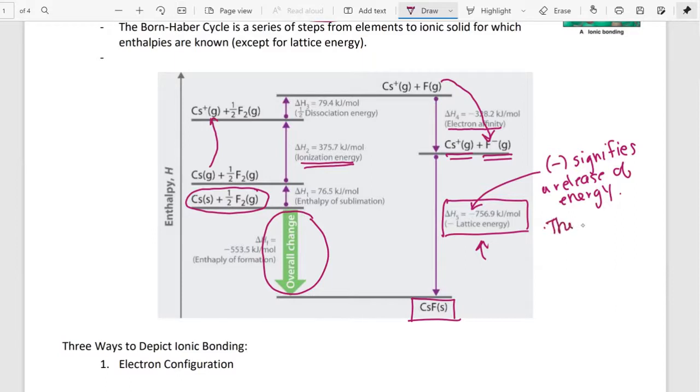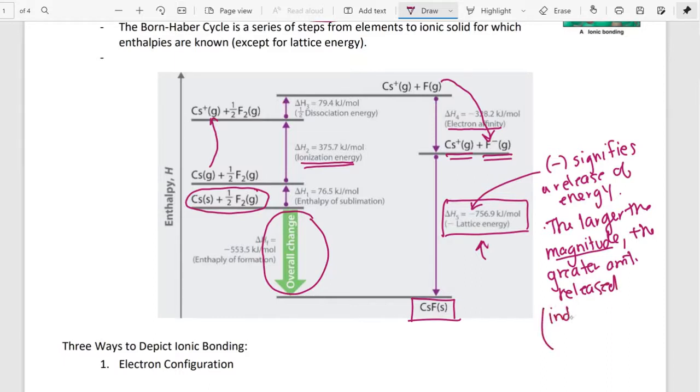The larger the magnitude, and that means the amount, not the sign out in front, the greater the amount released, which for us indicates a stronger attraction between the ions, and thus a stronger bond between the ions.